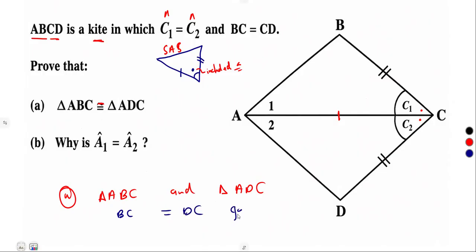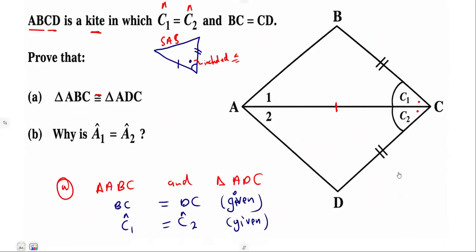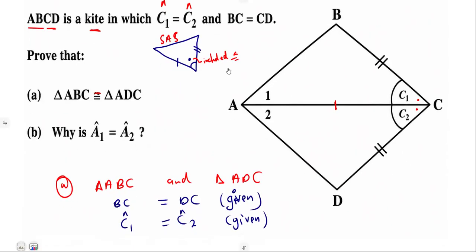Also, the angles C1 and C2, we are given that these two angles are equal. C1 from triangle ABC is the same as C2 from triangle ADC. We have used what we are given.